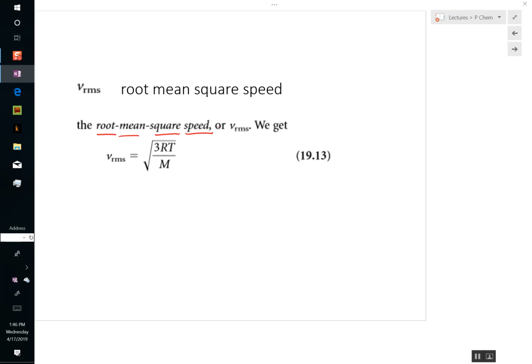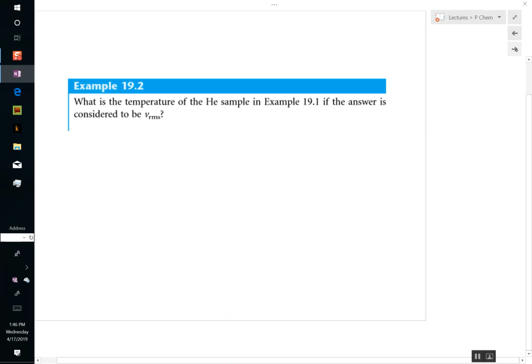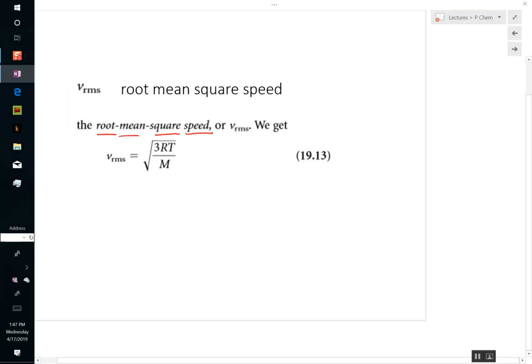Okay, I'll tell you what, I'll have you take a look at this, and there's this example. What is the temperature of the helium sample in the example we just did, if that average velocity was considered to be the root mean squared velocity?